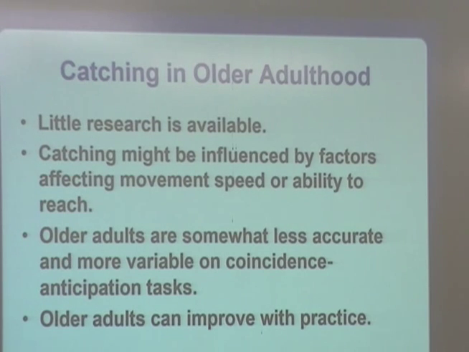When we look at the other end of the time scale and we look at catching with older adults, then most of what the research says right now, and there's not a lot of research on older adults, it's an ongoing problem. When we look at movement development, we don't really know very much about what's happening at the other end of the lifespan. But a lot of what we see when we're looking at interception type skills is more to do with a structural constraint that stops them getting where they want to be as quickly as they want to be.